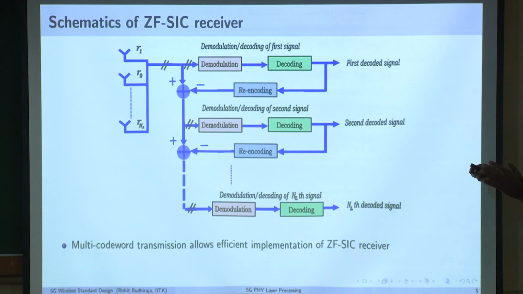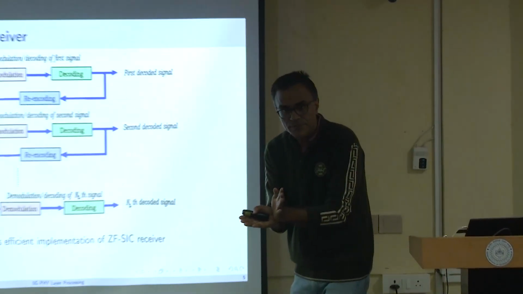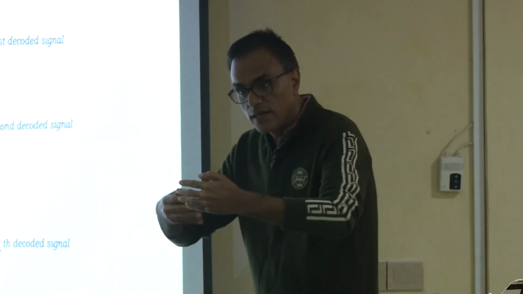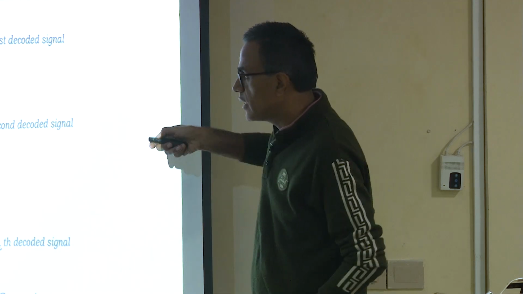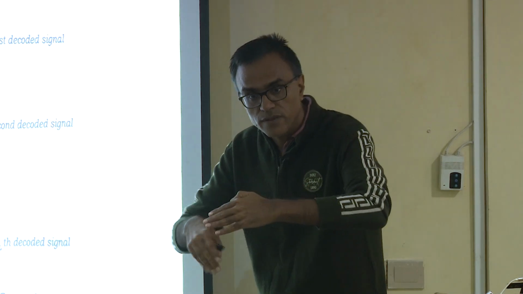It is well known that this kind of receiver gives better performance than the normal zero forcing receiver, wherein we don't do this SIC. So this kind of architecture, wherein each of these NL layers undergoes different processing, you can do this.